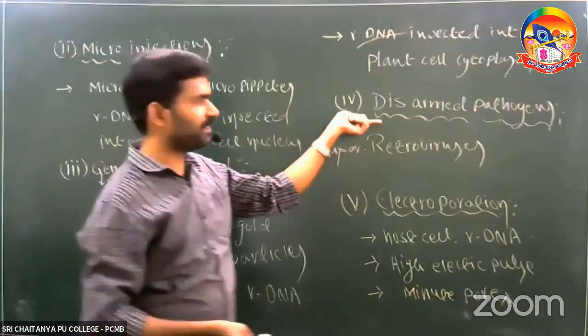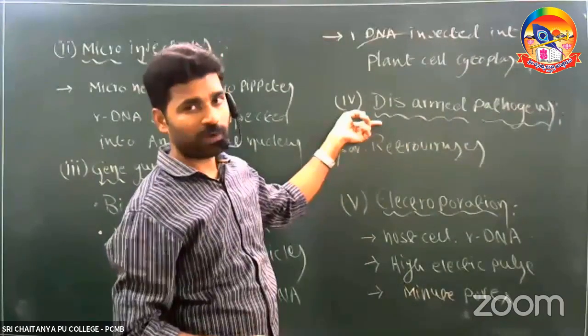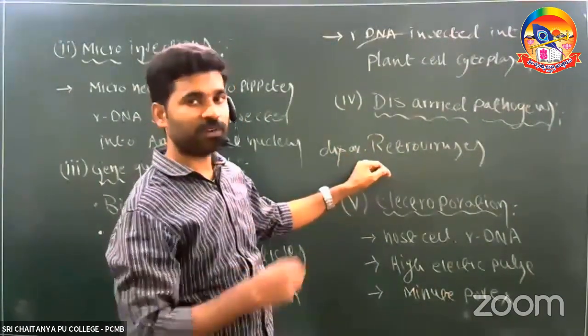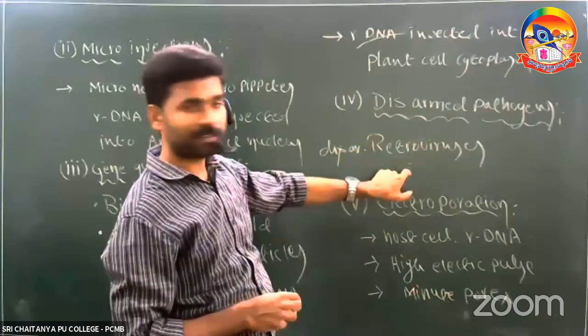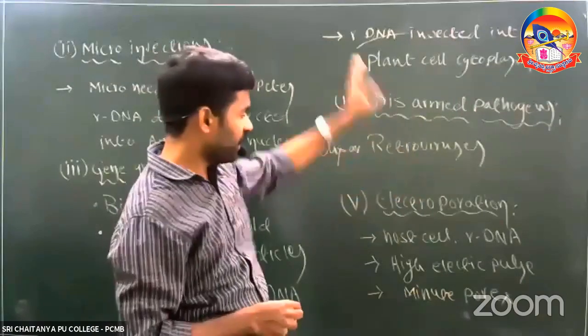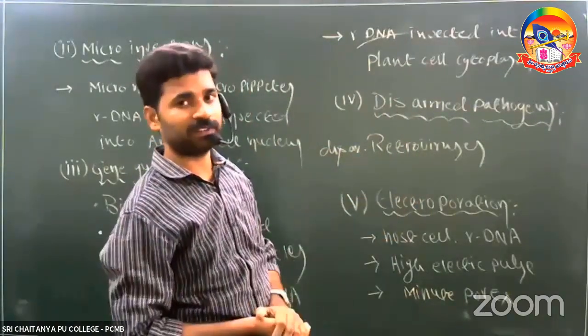Then come to the fourth one, disarmed pathogens. It is nothing but retroviruses. Disarmed retroviruses are used for insertion of rDNA into animal cell cytoplasm or animal cell nucleus, right? Then the electroporation method is also applicable for bacterial cells.